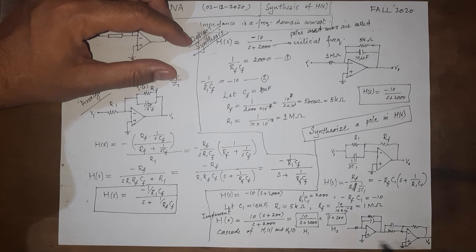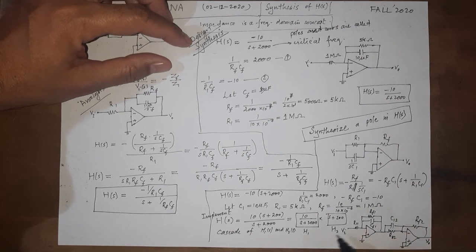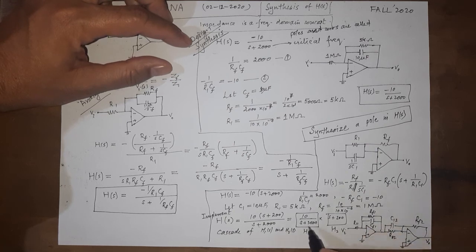So the ultimate V0 would be here, this would be V in here, and this you can call RF1 and CF1 and R11 and R2, R12 and C12 and RF2, and this part will implement this thing and this part will implement this thing, and the overall transfer function would be what we require.